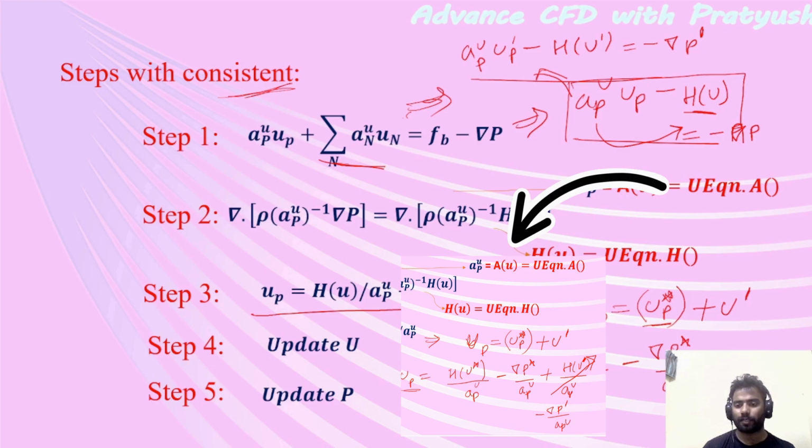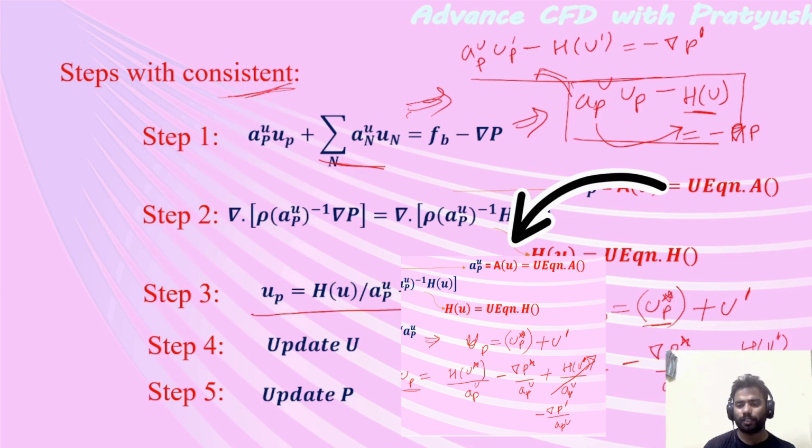This is the UP star, plus there will be U dash. For U dash also we can write HU dash upon APU minus del P dash upon APU. So this is the pressure corrector velocity characteristic.